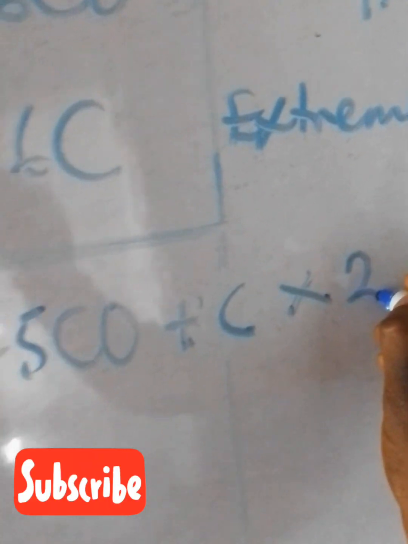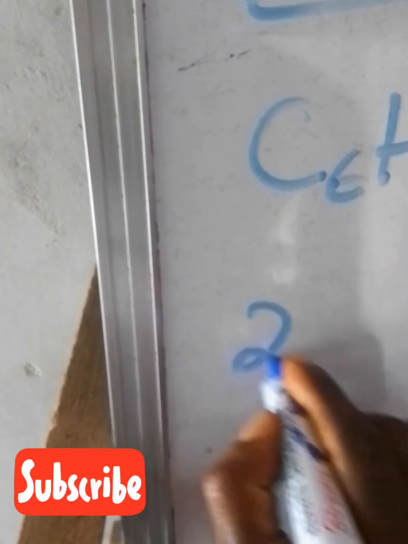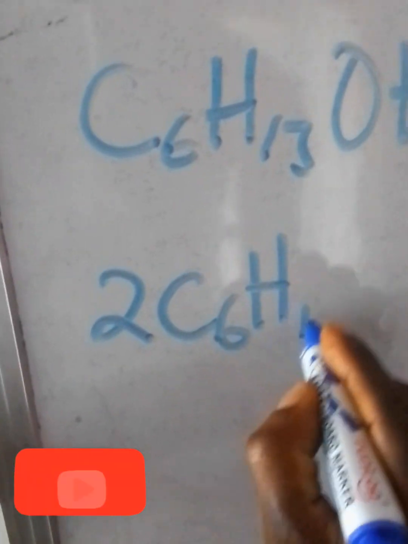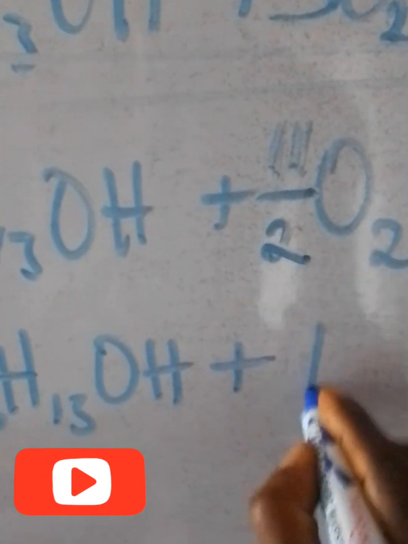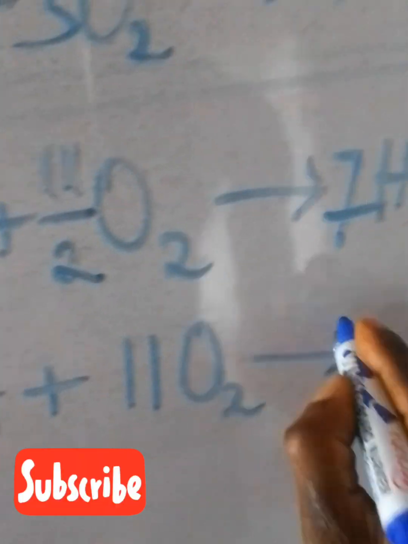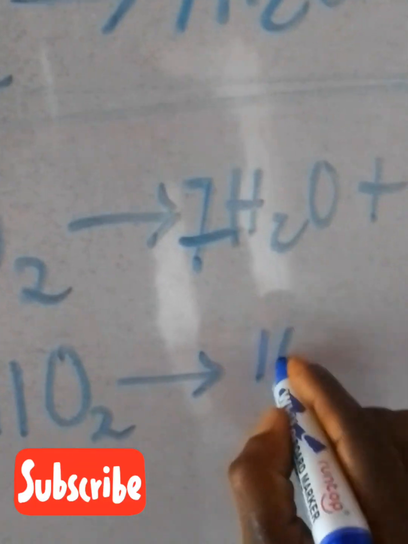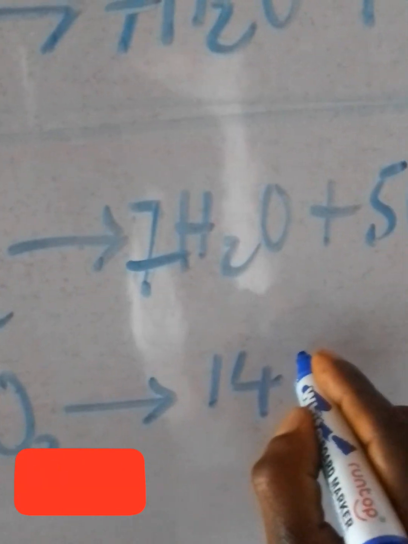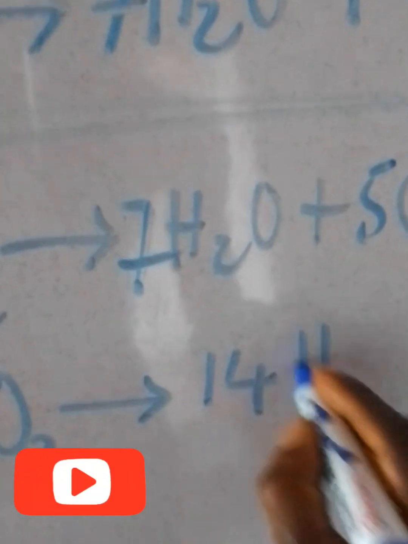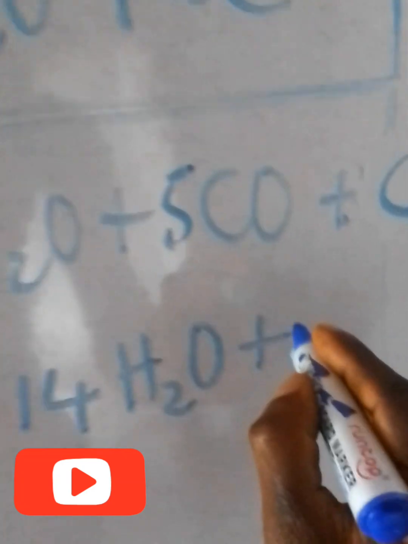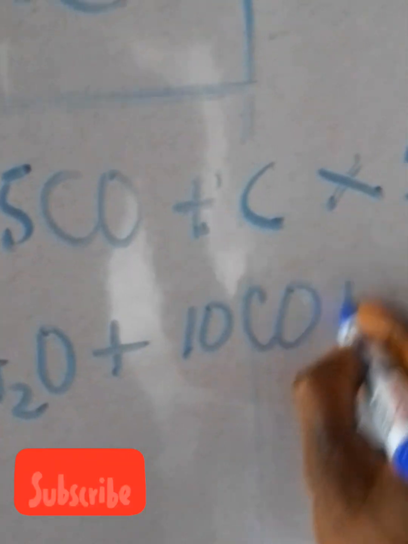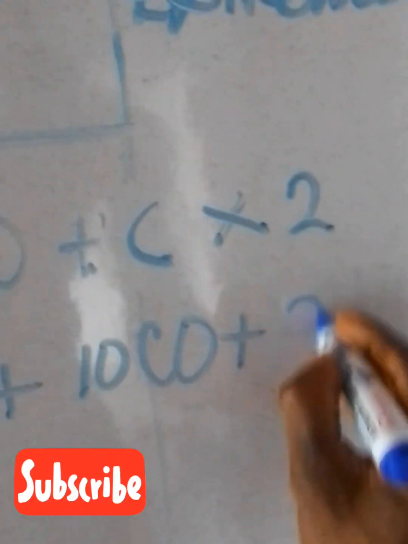In order to clear this fraction, you multiply everything by the denominator 2. So you have 2C6H13OH plus 11O2 to give 14H2O plus 10CO plus 2C.